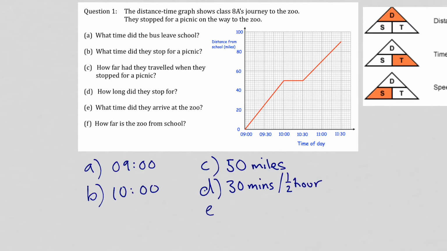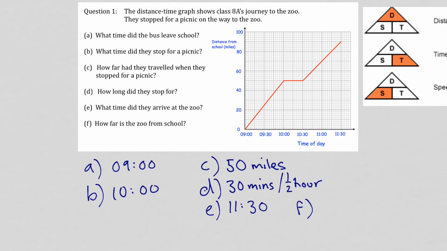E, what time did they arrive at the zoo? Well, we're assuming that this shows us the whole journey, and so the end of their journey is when they're at the zoo. And if we go down to find the time, it says 11:30. And finally F, how far is the zoo from the school?